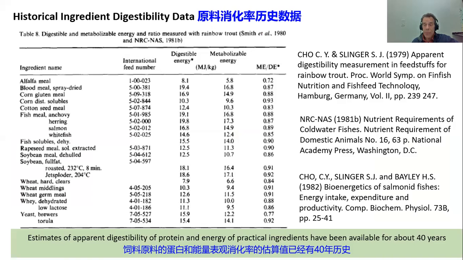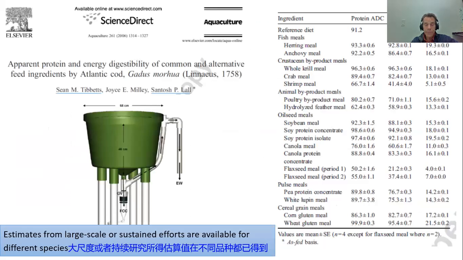These estimates of the apparent digestibility of nutrients have been extremely useful for formulating feed on a digestible protein and digestible energy basis ever since then.